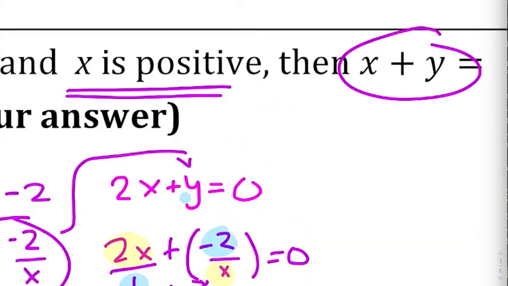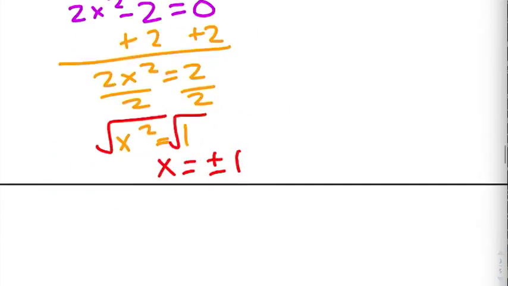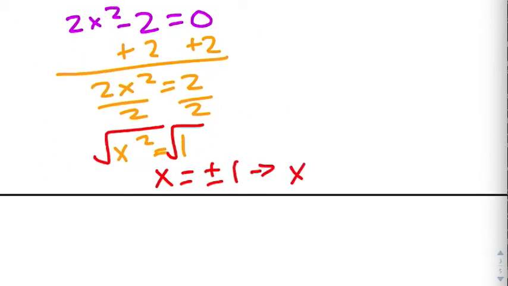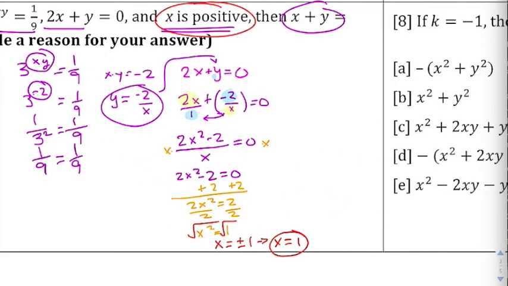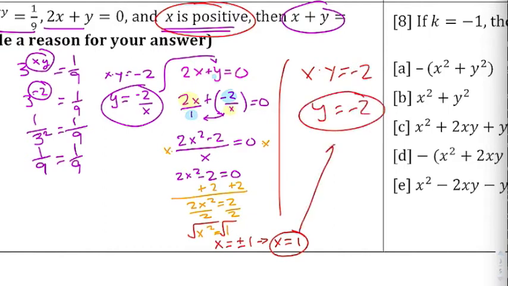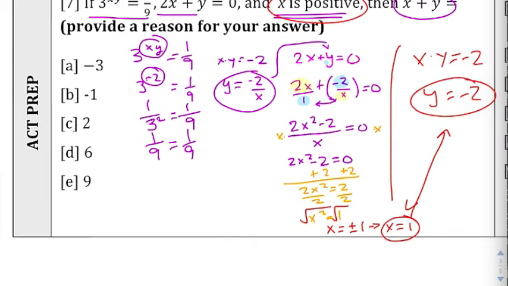So x is positive, which means that what I really need is just x is equal to 1, because -1, of course, isn't positive. So we're actually almost done here, because if I know x is 1, and I also know that x times y is -2, that means y has to be -2. So if x is 1, y is -2, if I add them together, I should get -1, which is option B.